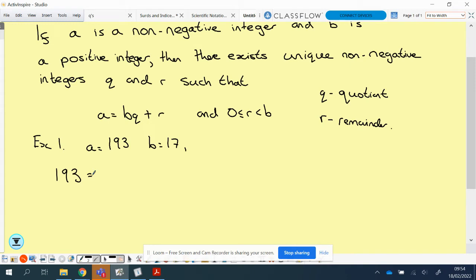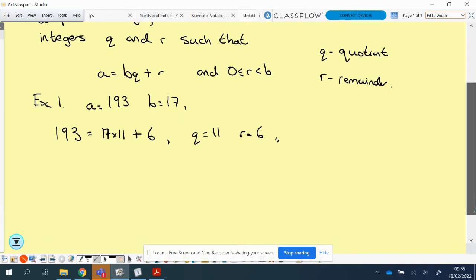It fits in 11 times with a remainder of 6. Therefore, Q would be 11 and R would be 6, which is the remainder. So that's how you work out Q and R from just two numbers A and B.